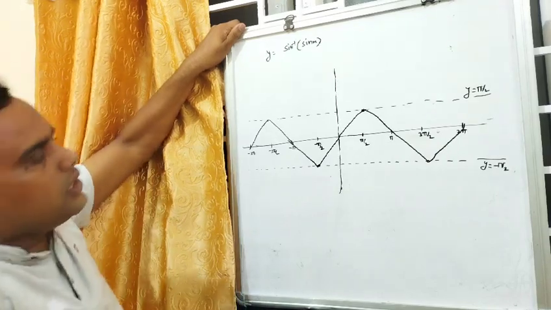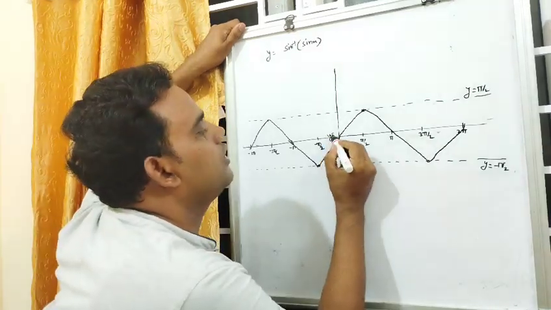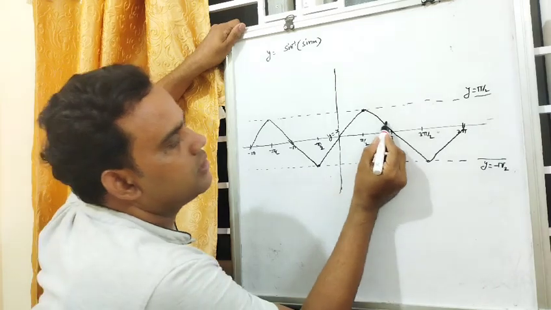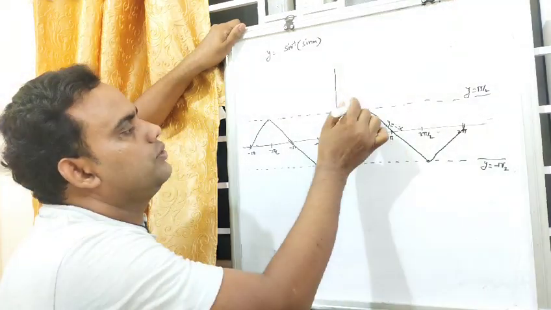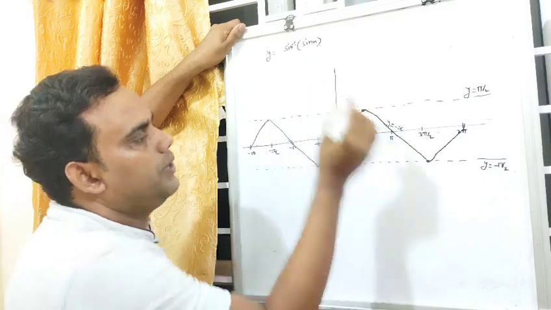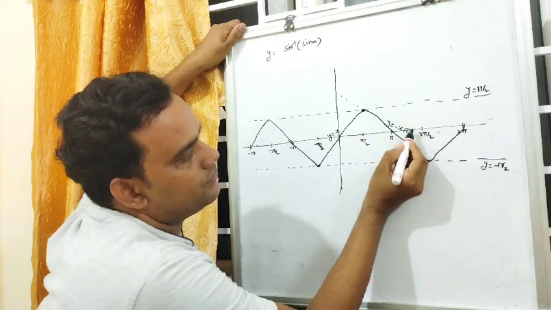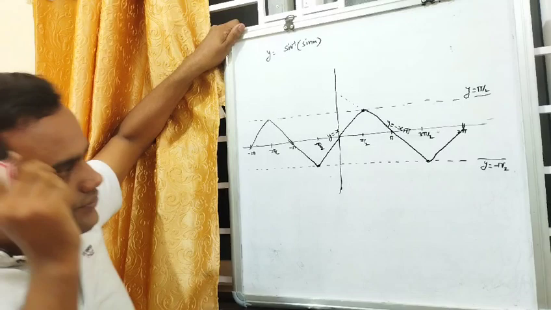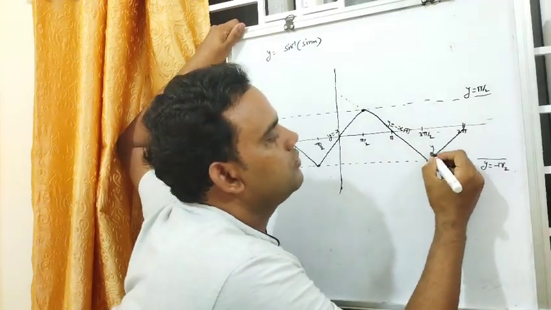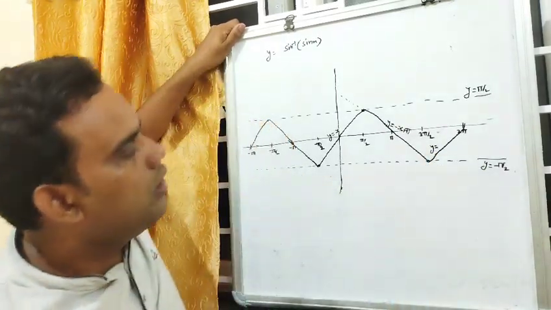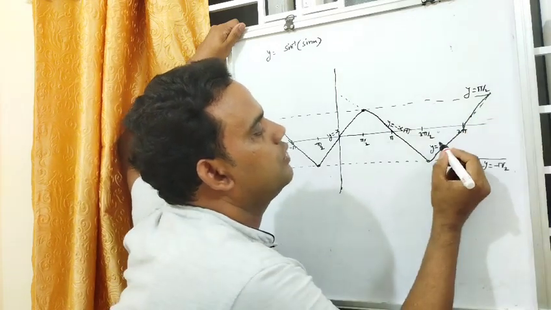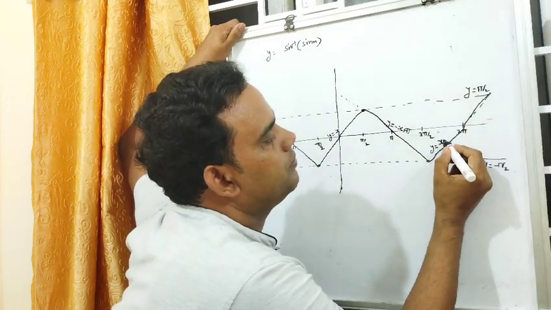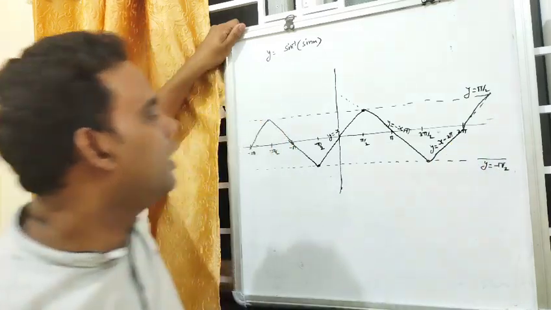Now here this line is called y equals x and this line has slope minus x, and they are going to meet here at pi. Similarly here, this up to here they will go like that, so y equals x minus 2 pi.